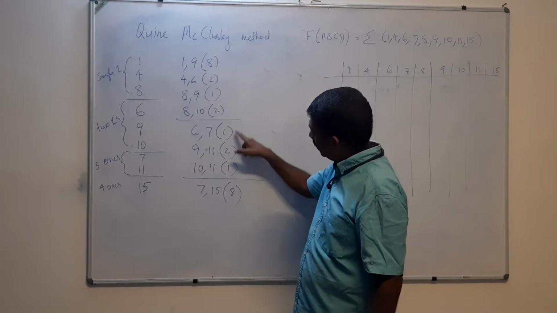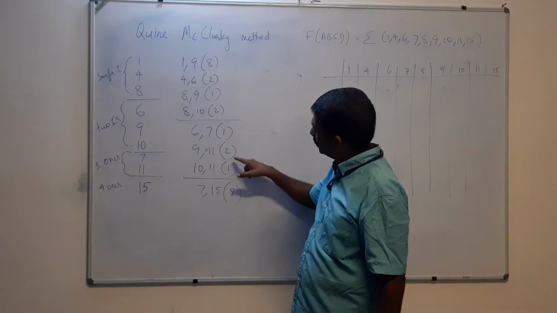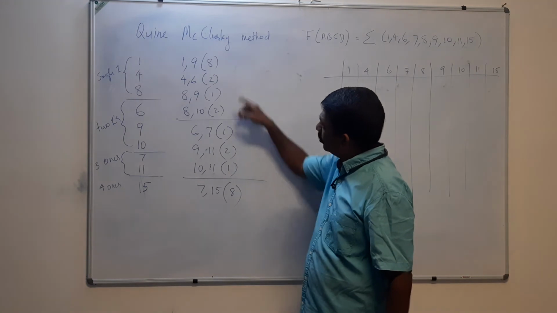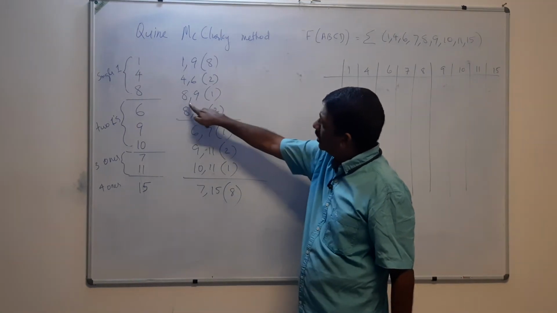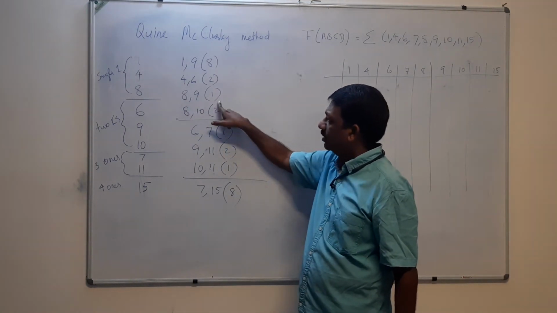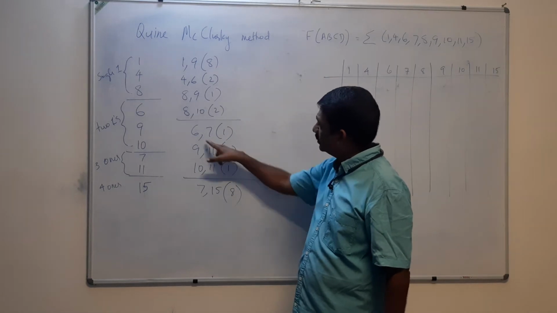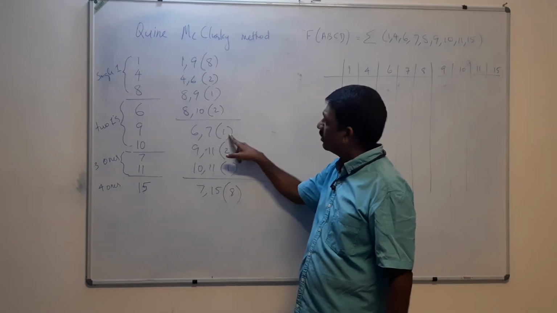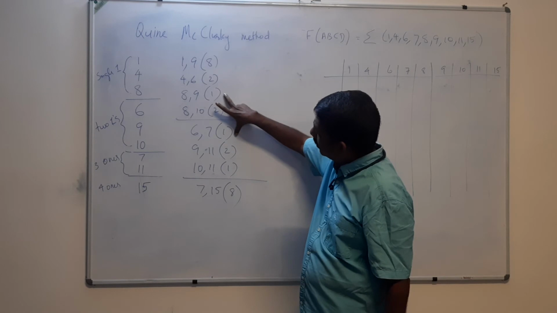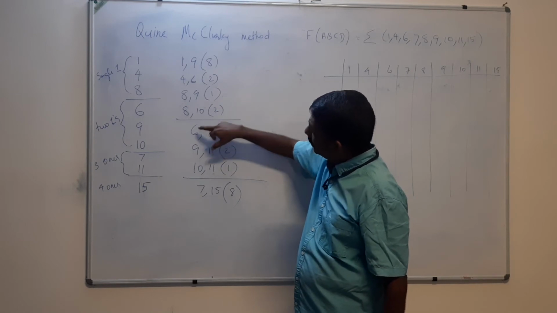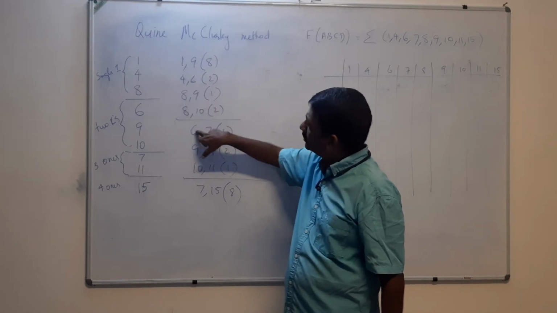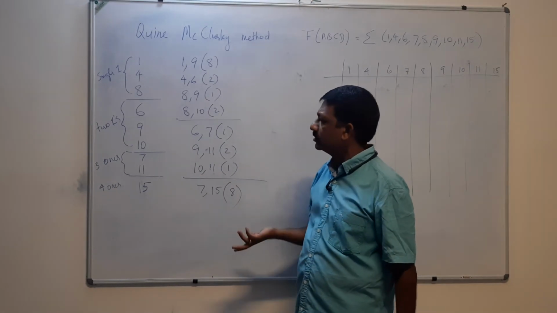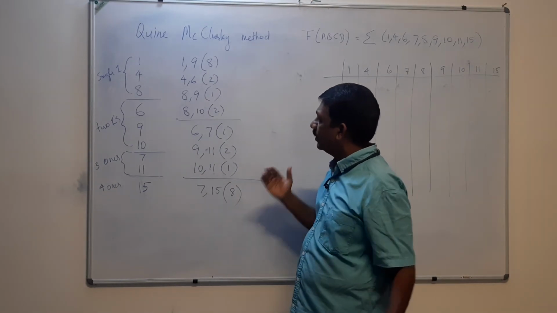Now we don't have any entities which are having 2 in the brackets. Now moving on to the third one, 8 and 9 within brackets 1. Now here we have 6 and 7 which is having 1 in brackets. Now these are compatible, but when you are checking, doing 6 minus 8, it is a negative number, so there is no possibility of combining.